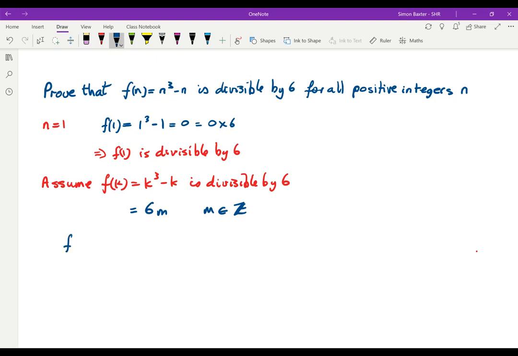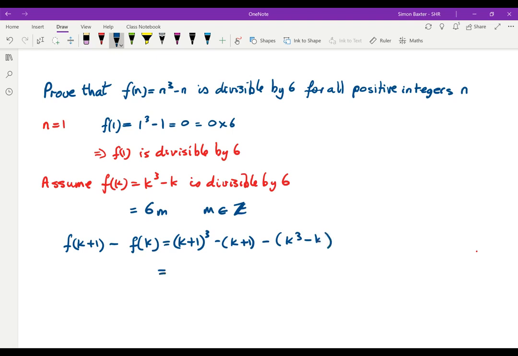This time, we have no power to get rid of, and so we just look at f of k plus 1 minus f of k. F of k plus 1 is going to be k plus 1 cubed minus k plus 1, minus k cubed minus k.